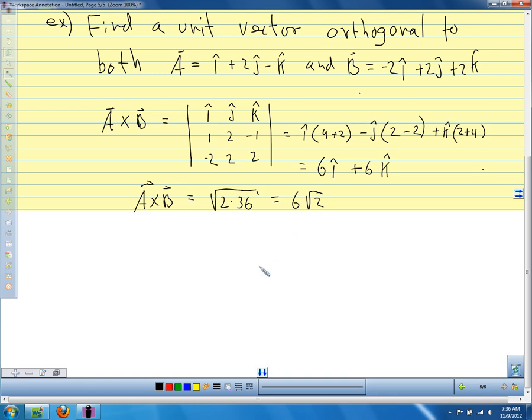So our unit vector is square root of 2 over 2 i plus square root of 2 over 2 k. I'm dividing each of these by 6 square root 2. So that would be my unit vector. If I found the vector in the opposite direction, I would just have minus signs here if I did B cross A.